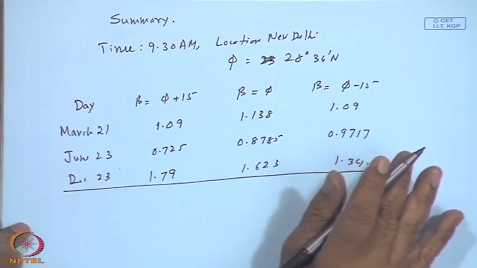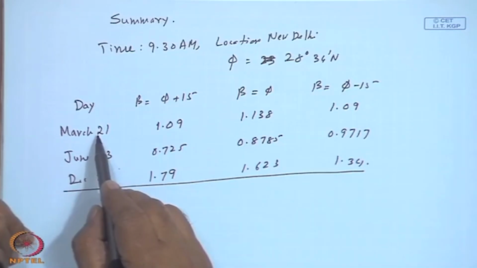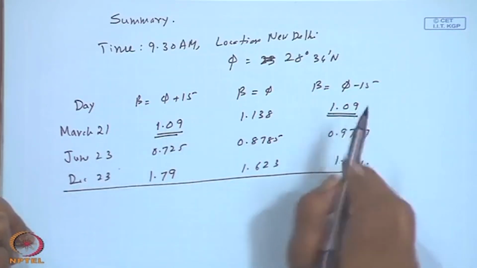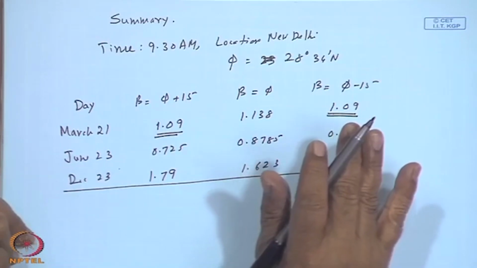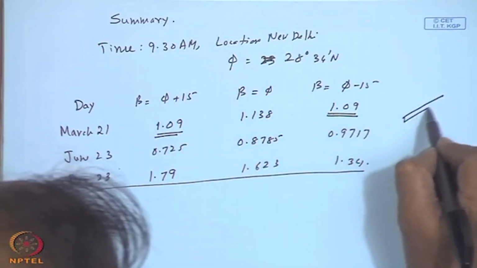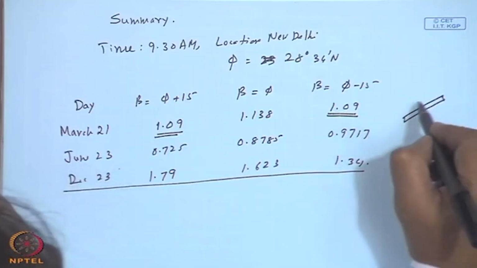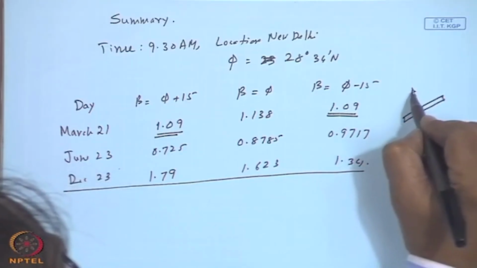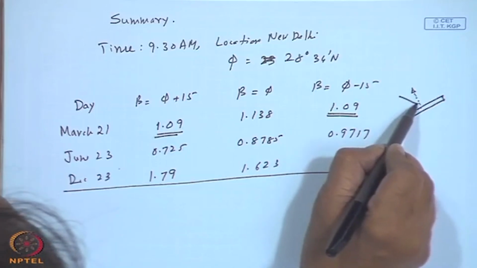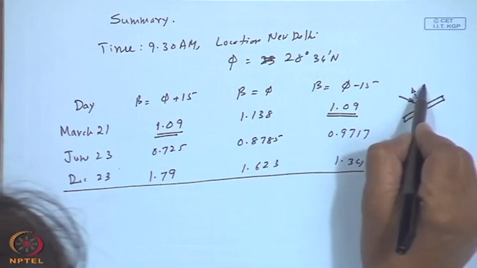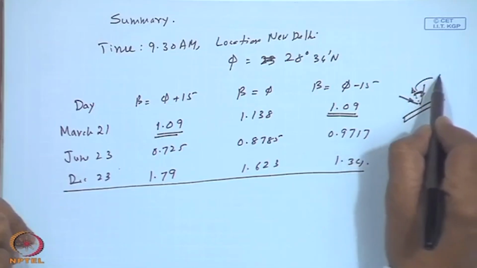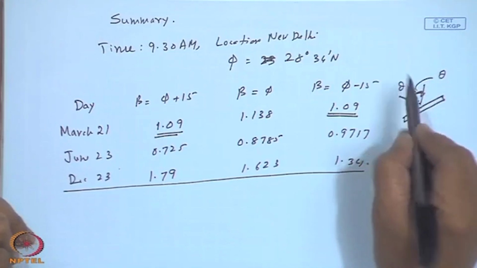What comes out distinctly is that the tilt factors for negative declination are higher than those values for positive declination. And this is because delta is 0, phi plus 15 and phi minus 15 have the same values. Basically, what it means is, if this is the solar collector and this is the outer normal, now phi plus 15 may have a ray like this and phi minus 15 may have a ray like this, but still this theta remains the same.